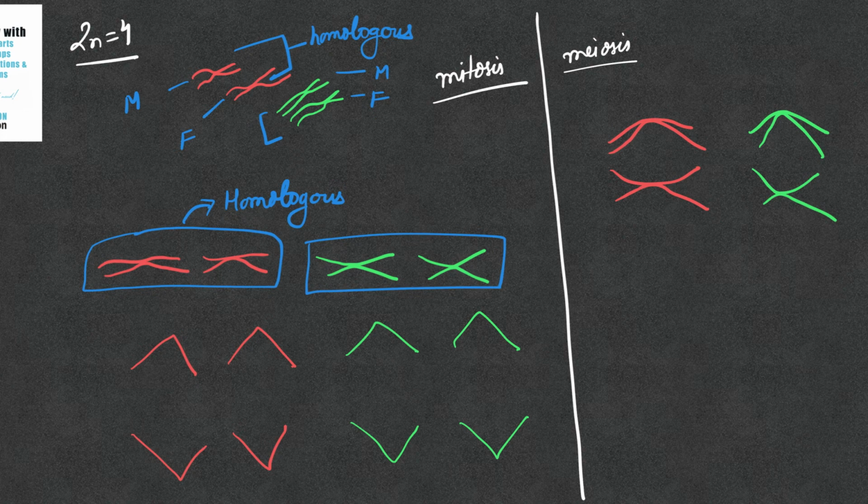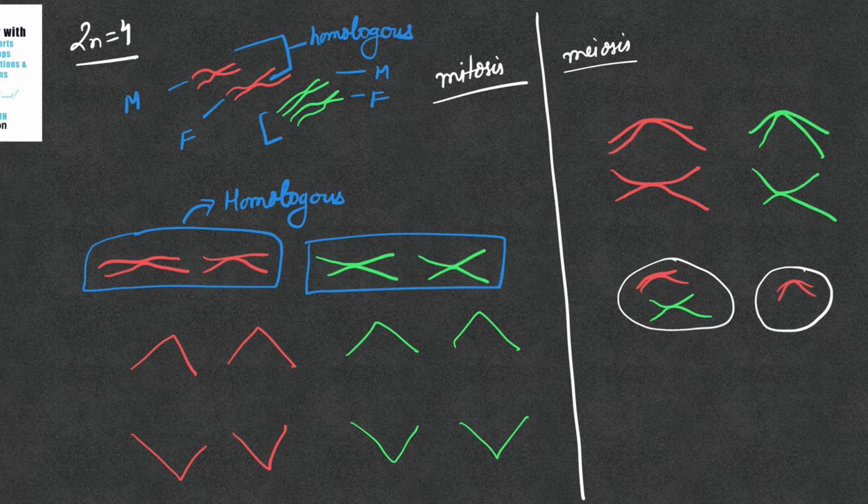So we have 2 cells now. This one has this combination, and this one has that combination. Now we are going to take them through meiosis 2.